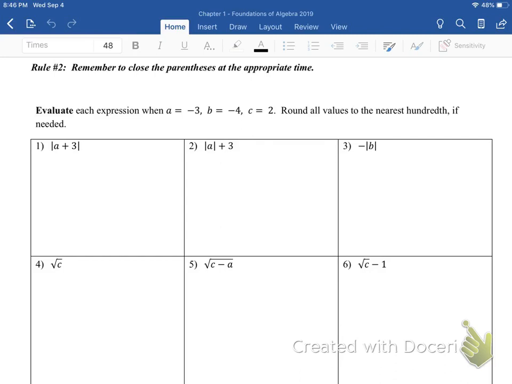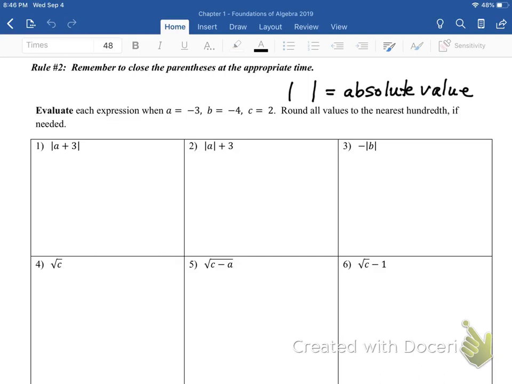Okay, so the second rule is remember to close the parentheses at the appropriate time. This is kind of an inside-outside game. You'll see this with absolute value, and absolute value are these symbols right here. This is called absolute value, and what it does is anything inside here, it's just going to make it positive.